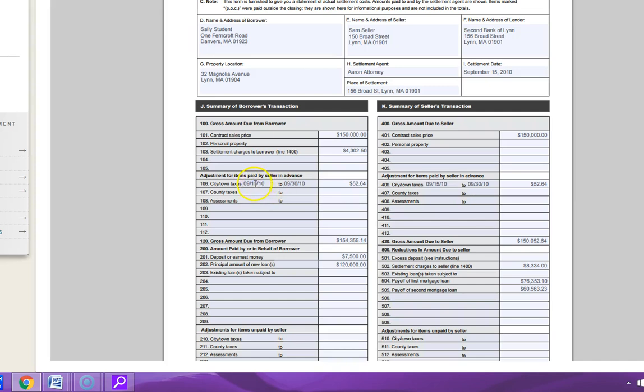All right. And the way that works is this. The tax bill in Massachusetts runs on a fiscal year of July 1 through June 30th. And the bills come out quarterly on August 1st, November 1st, February 1st, and May 1st. And each quarterly bill covers 3 months. So the August bill covers the months of July, August, and September through September 30th.